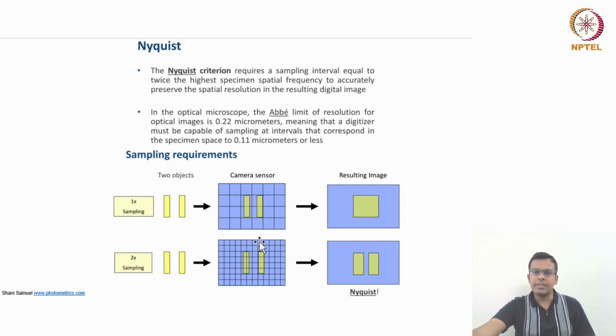This we already discussed while discussing the Nyquist criterion for z-step size, that is, how you can determine, while taking the z-step image, what the z distance should be for your image acquisition. So the same Nyquist calculator you have to use.